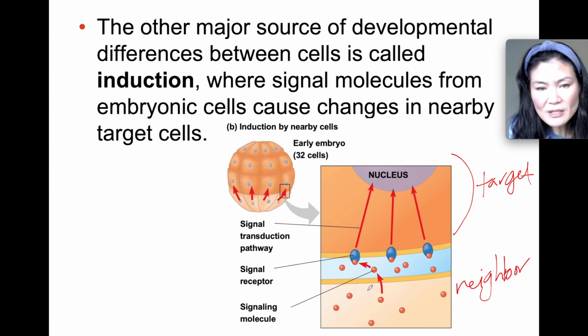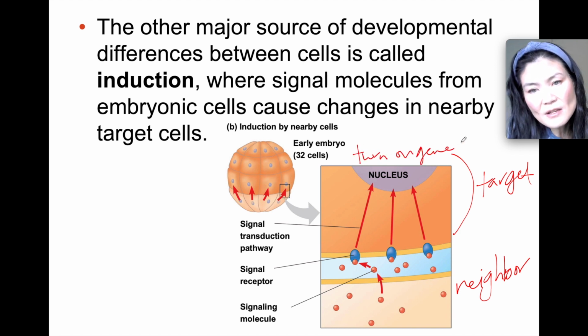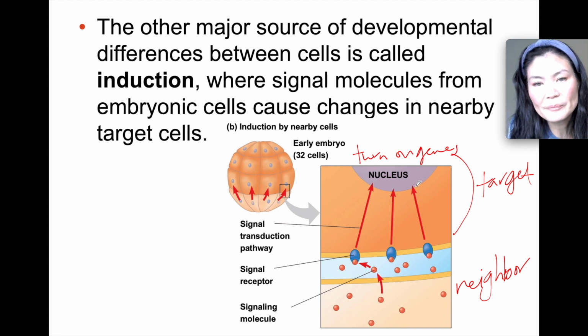The neighbor cell is going to release these signal molecules. They're going to bind to receptor proteins. And by signal transduction pathway, do you guys remember we talked about that? Okay. By signal transduction pathway, it's going to cause a reaction within the cell. Let's say it's going to turn on genes that are going to cause this target cell to become a specific type of cell.